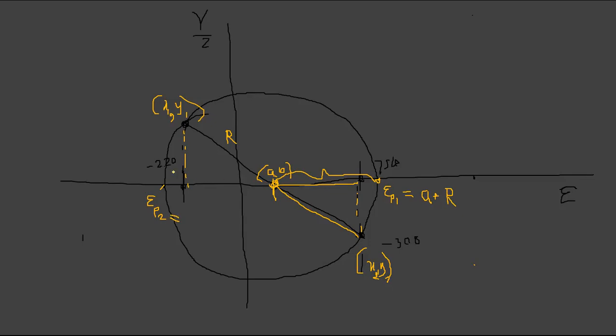A minus the radius, okay? That will give you the principal strain.